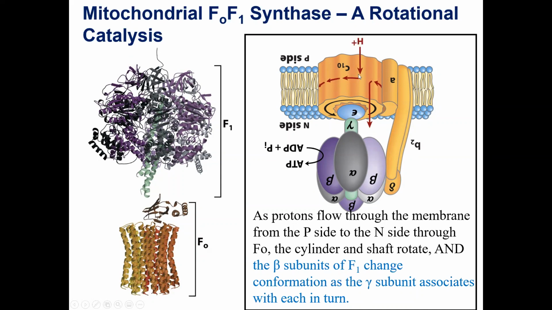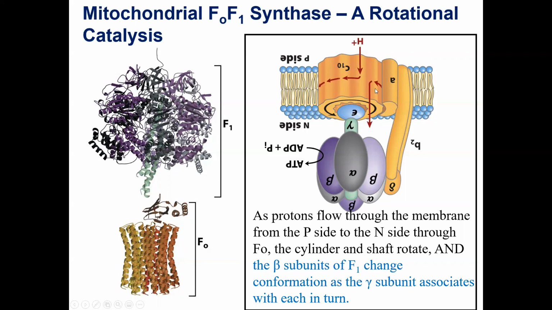As protons move, they rotate. The F1 domain has 3 alpha polypeptides, 3 beta polypeptides, 1 gamma central shaft, an epsilon that coordinates the interactions between the gamma and the C domain of F0, and then this delta.